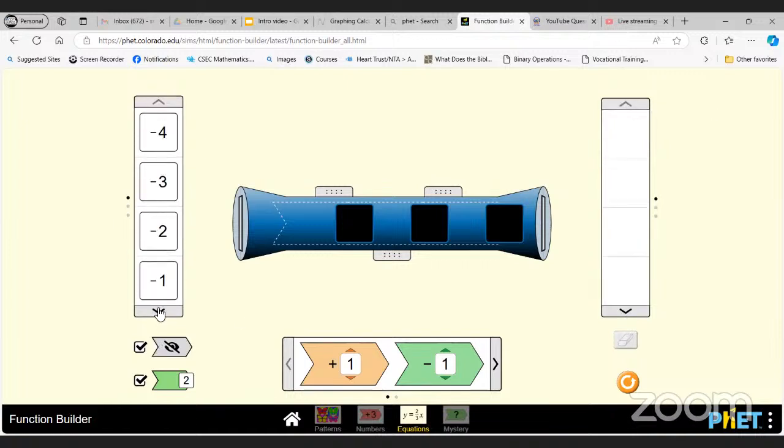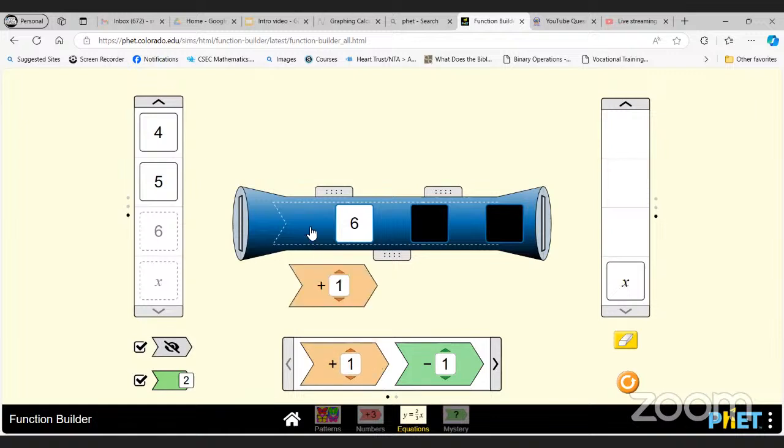Let's say I put the variable x into our machine, but there's no output. Now let's say I put in a number 6. If you notice, I put in one input and it went into the output section.